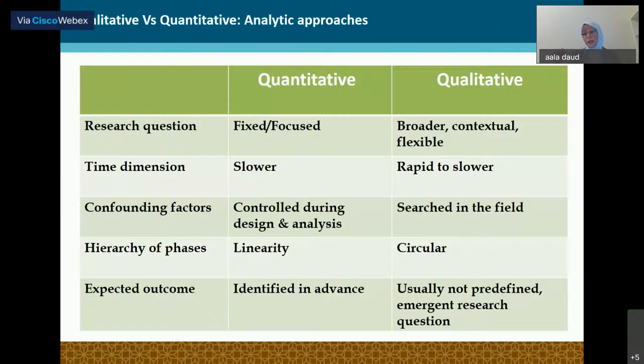However, for the qualitative, the hierarchy is more circular, so your question is circular. You're going round in circles, trying to achieve what data you need. And finally, the expected outcome. For quantitative, it's identified in advance, compared to the qualitative, where it's usually not predefined. It actually emerges through your research.